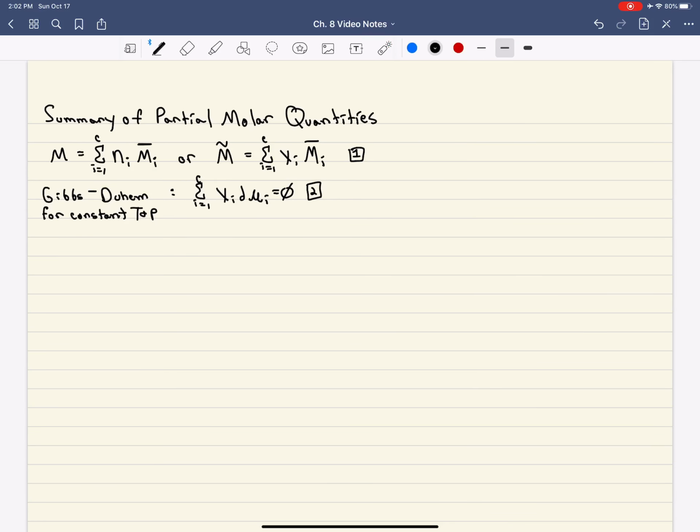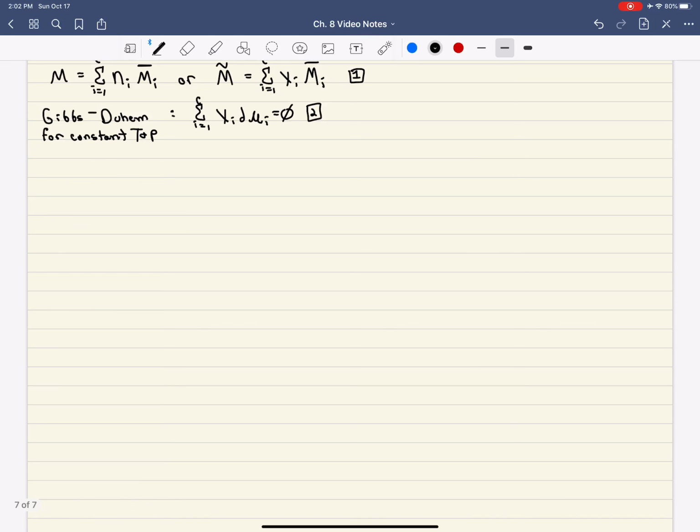And so these two equations that I wrote up there are fundamental rules that thermodynamic mixture models must follow.